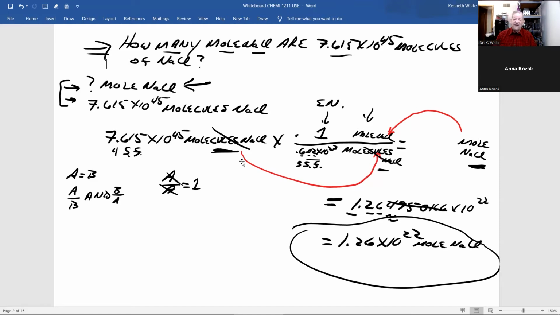If you do that and I see this set up and I said, everything's right, but you pushed the wrong buttons on your calculator, I'll only take off 1 point for a math error. So it pays to show your work.